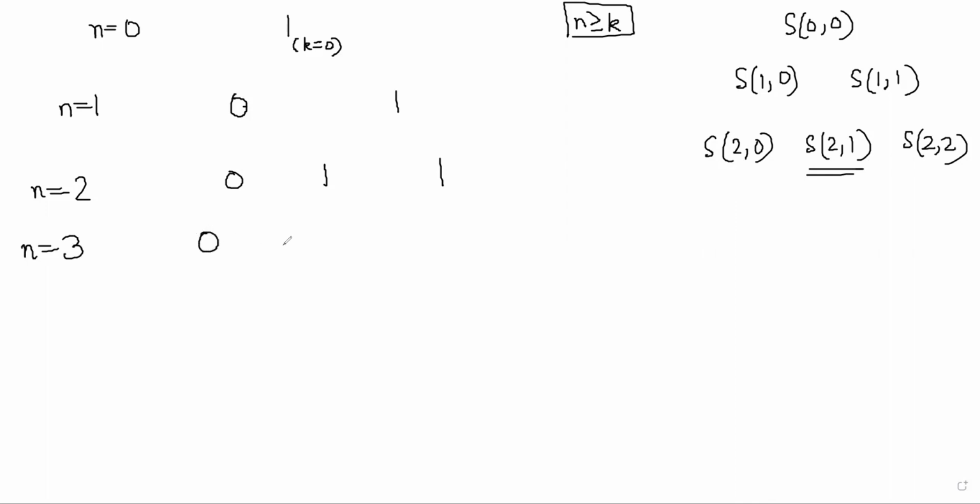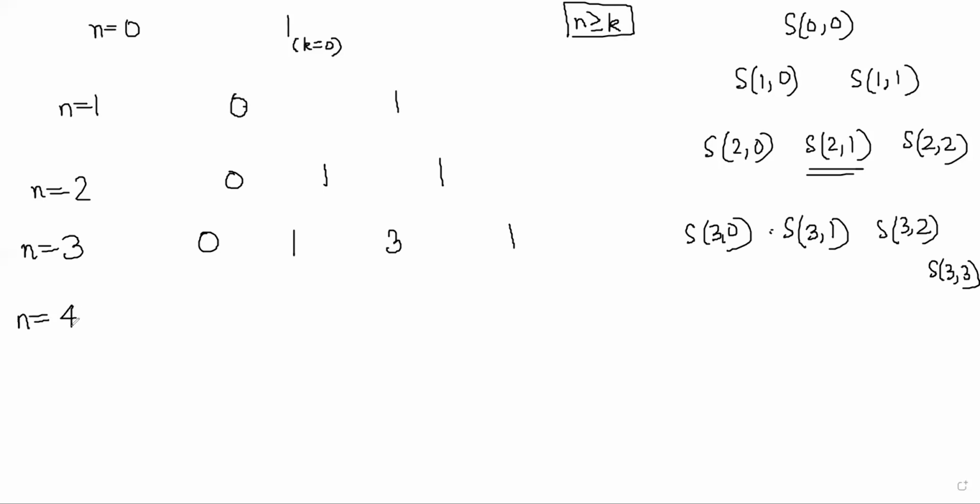S of 3 comma 0 is 0, S of 3 comma 1, S of 3 comma 2, and the last one will be S of 3 comma 3, right? So 3 comma 1 will be 1, S of 3 comma 2 we just now calculated in the previous question. S of 3 comma 2 had come out as 3, and S of 3 comma 3 will come out as 1. N is equal to 4.